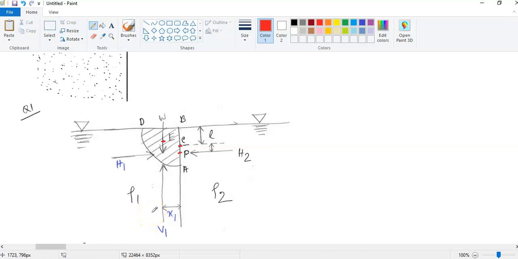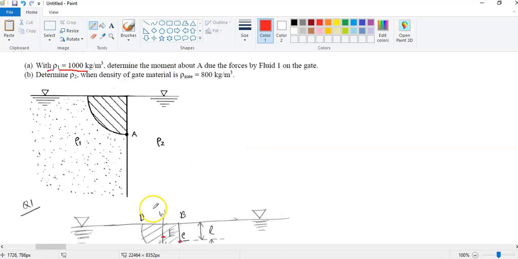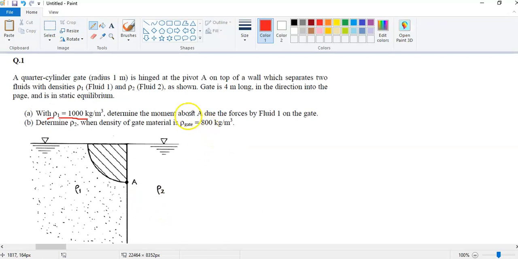If you know this, the first question is we need to calculate the moment about it. The moment is the force times the corresponding distance.